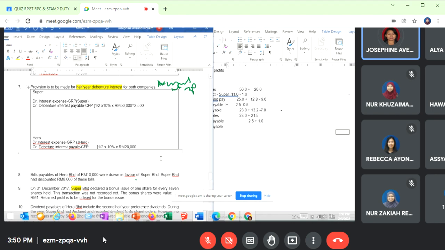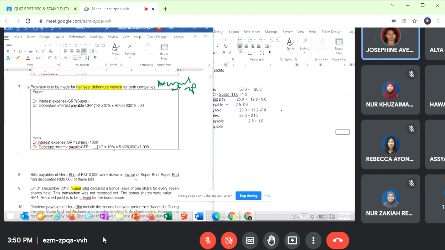So that will be equal to 10% of 20 divided by 2, that's 1,000. So Hero will recognize a debenture interest of 1,000.